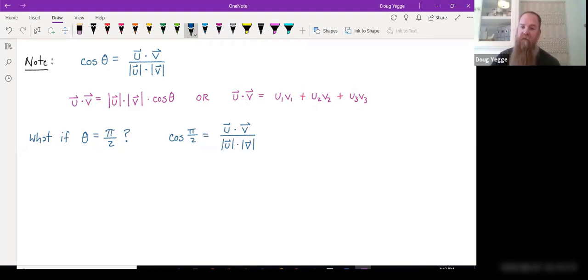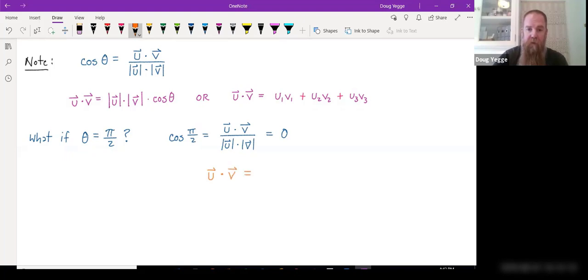But we know that cosine of pi over 2 is 0. And if you really think about what's happening here, I now have a fraction that is equal to 0. The only time a fraction is ever equal to 0 is when the numerator is equal to 0. So that must mean that if the numerator is 0, then the angle between the two vectors will be 90 degrees, or pi over 2.